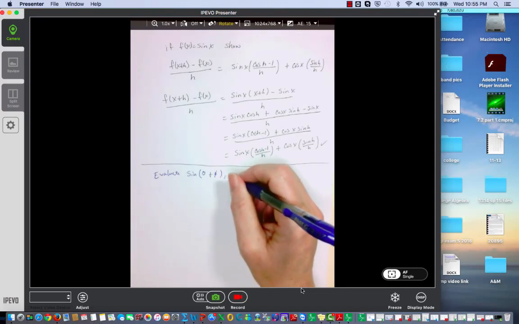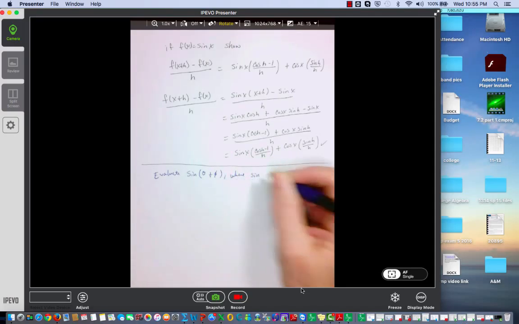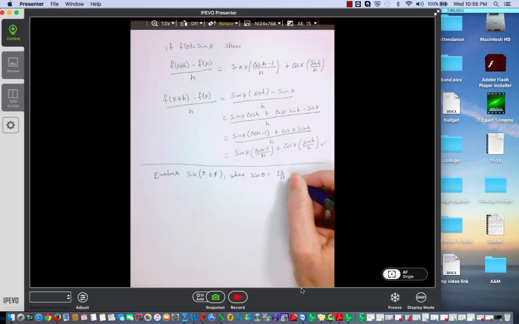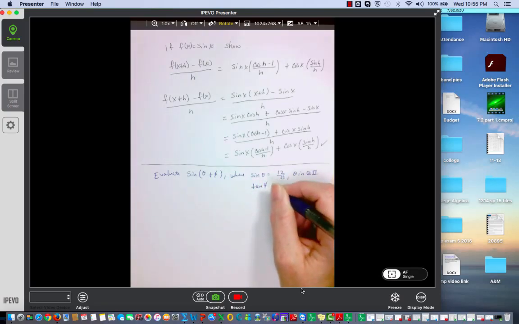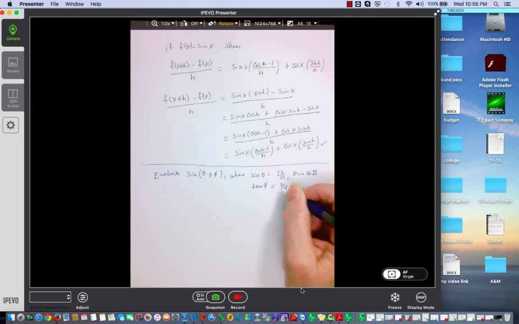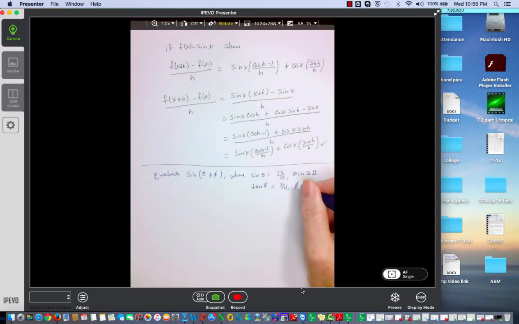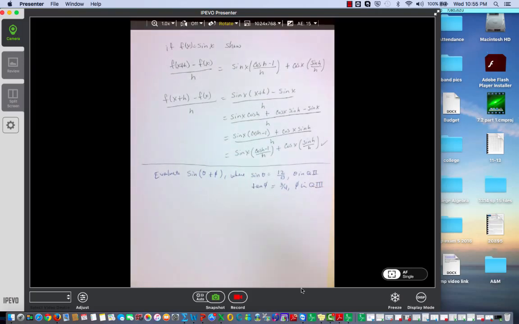And this will be where sine theta equals 12 over 13 and theta is in quadrant 2. Remember, our quadrants help us know our signs. And we have tangent of phi equal to 3/4 and phi is in quadrant 3.